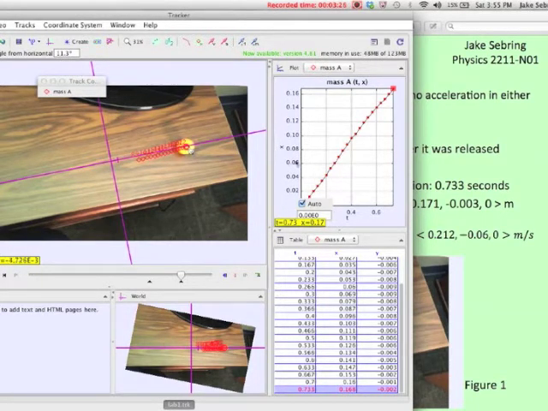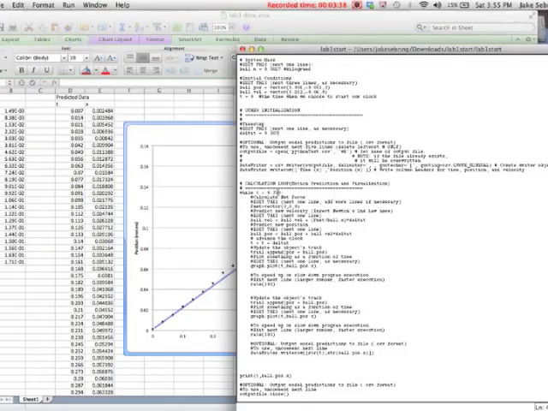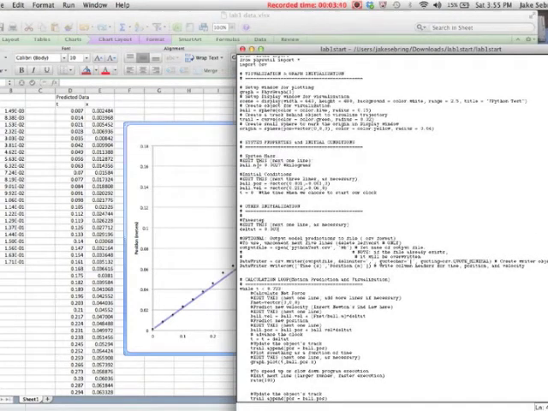Taking the data I collected from Tracker, I changed important parts of the generic code that was given to us to model the experiment. I inserted the mass of the ball, 0.0027 kilograms, and the initial position using Tracker, as well as the initial velocity, which I computed by using the formula change of position over change of time.